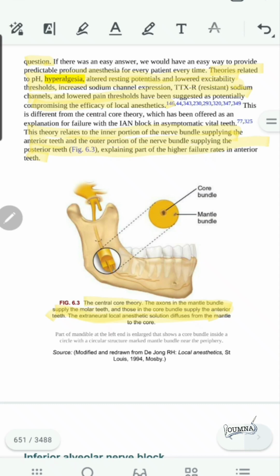So the anesthesia, when we give the block, infiltrates from the mantle to the core, which means that the amount of anesthesia reaching the core is less than the mantle bundle, and this explains why the anterior teeth do not become anesthetized when we give the inferior alveolar nerve block.